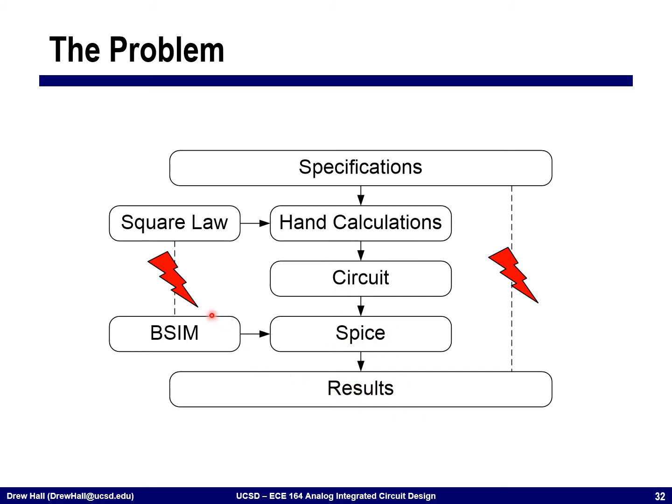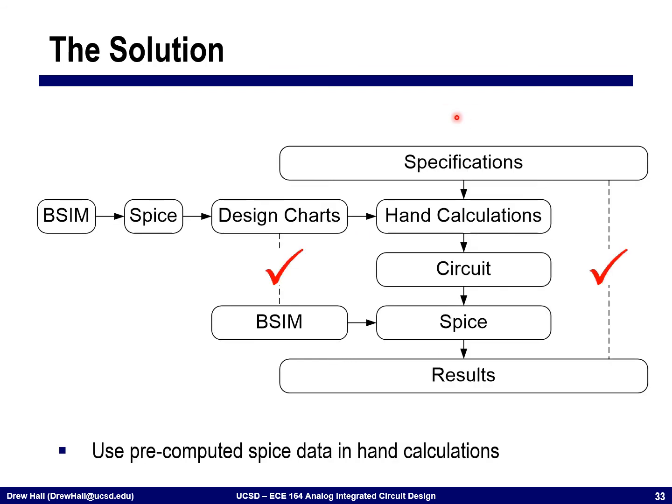What we are trying to do here is find a way to incorporate these BSIM models back into our hand calculations. Making these tables takes the actual device parameters that the simulator is going to use, and we incorporate them back into our hand calculations such that when we simulate, these two are going to match very well, because we are using the exact same BSIM models or PSP models that the simulator is using.